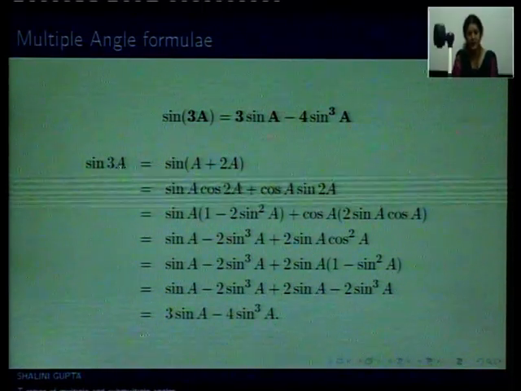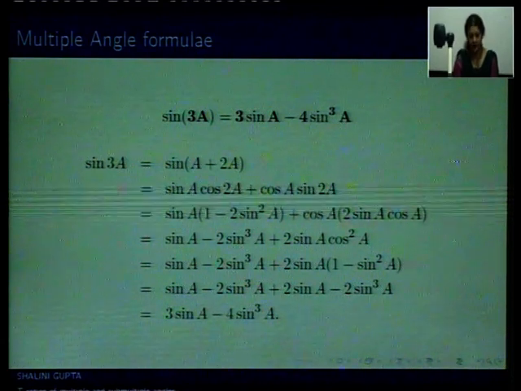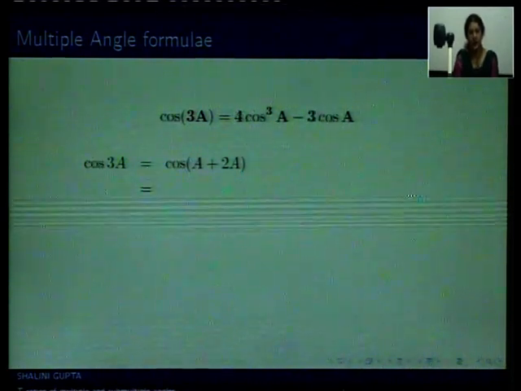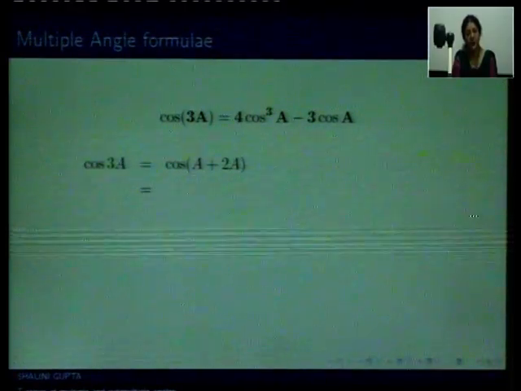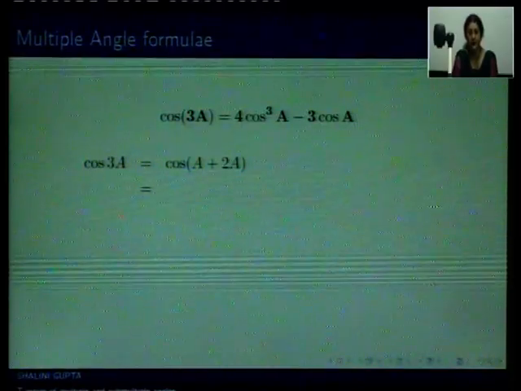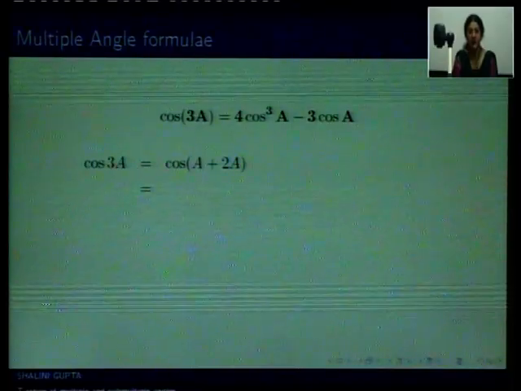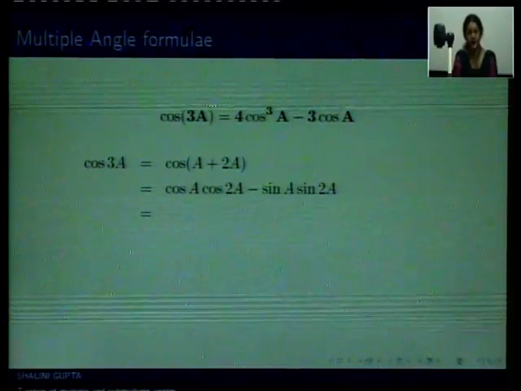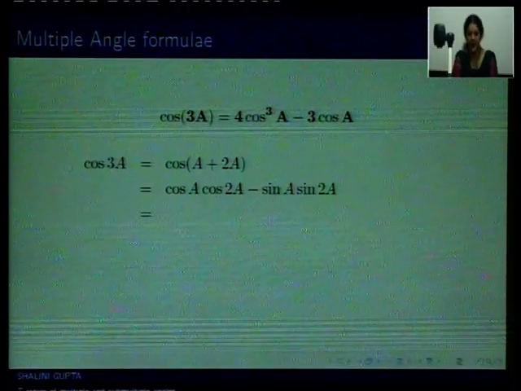Repeating this process, we can find the value of cos 3a. Let's see. Again, write cos 3a as cos of a plus 2a. Now I know that cos of a plus b is cos a cos b minus sin a sin b. So this expression becomes cos a cos 2a minus sin a sin 2a.